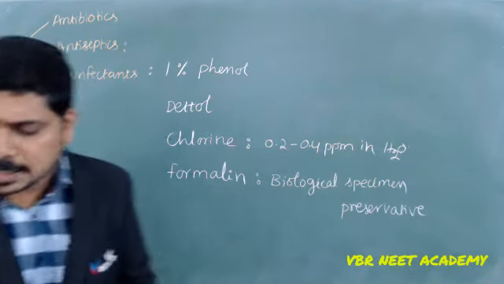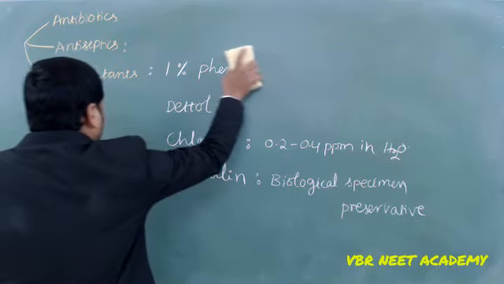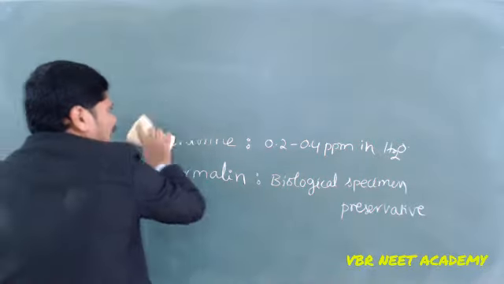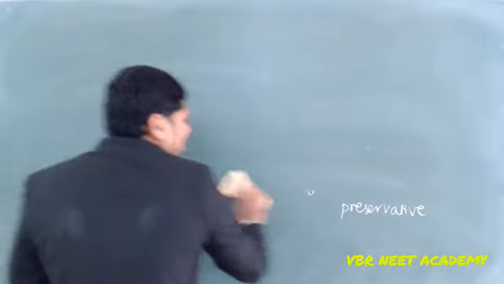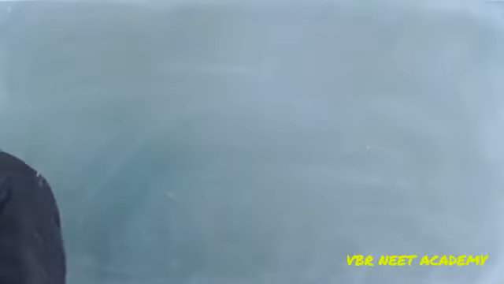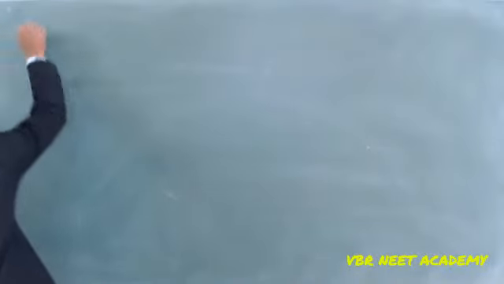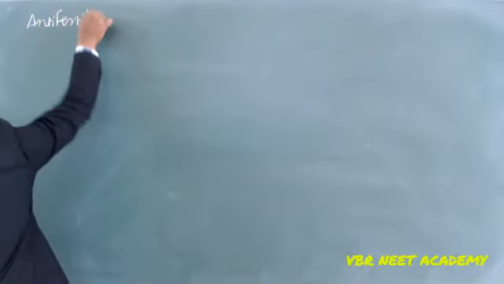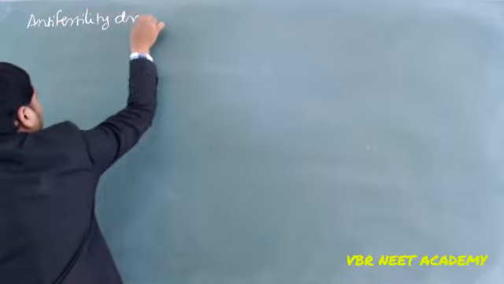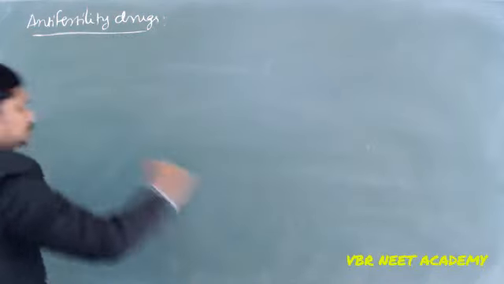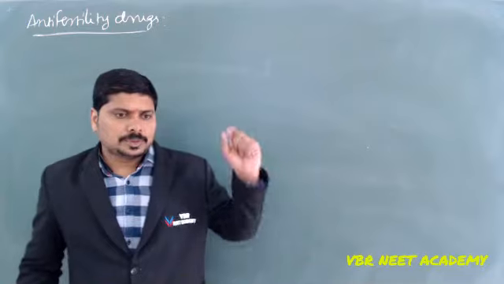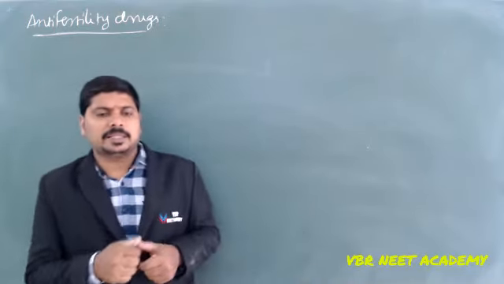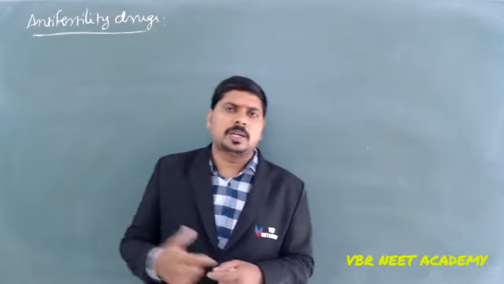So the next class of drugs we have is anti-fertility drugs. What do you mean by fertility? When we have fertilization, everyone has a male gamete and a female gamete, and they combine to produce an offspring, which is called fertilization.